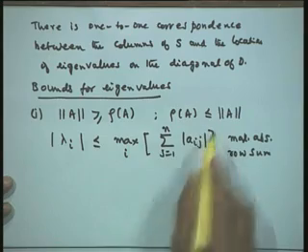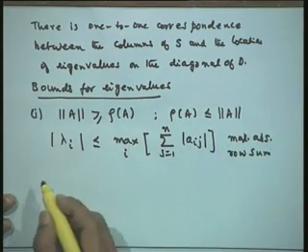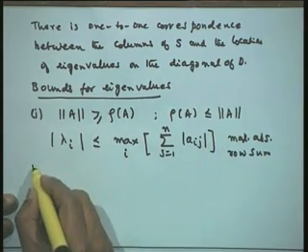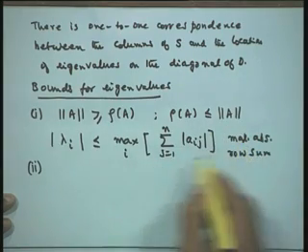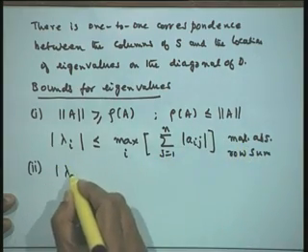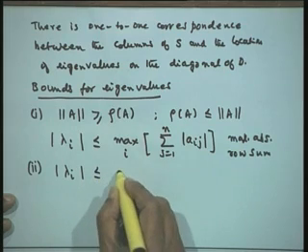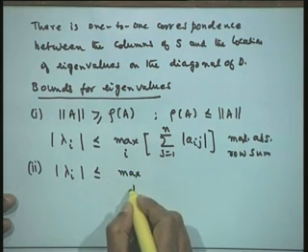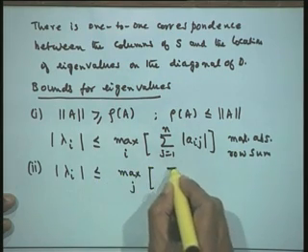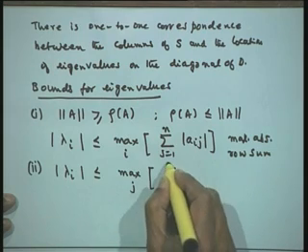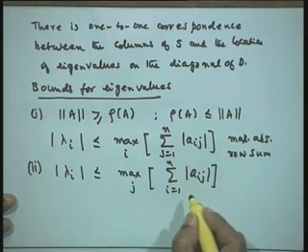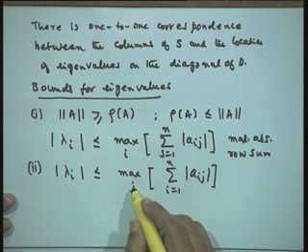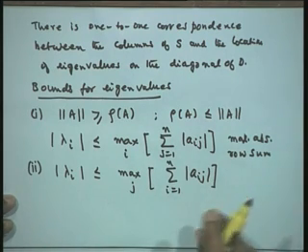So, this is a bound for our eigenvalue, and I will use this as the first one. I will take the maximum absolute column sum as my second bound. Magnitude of lambda i is less than or equal to the maximum with respect to j of the sum over i from 1 to n of magnitude of a i j. This is the maximum absolute column sum.